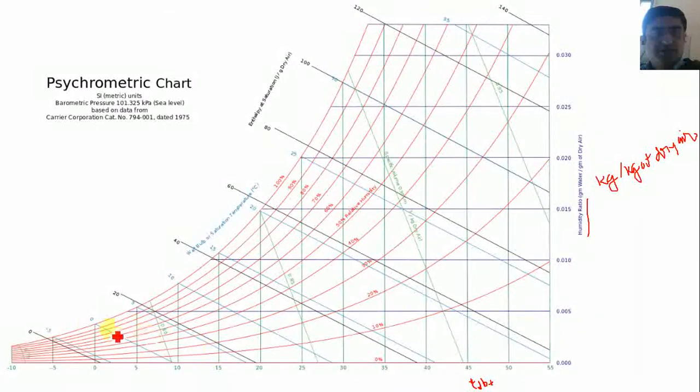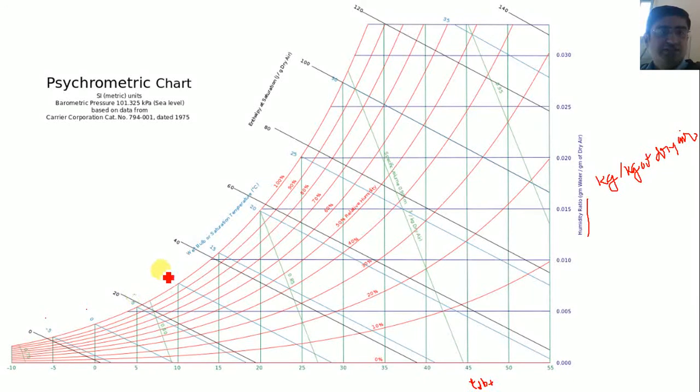And here you can see the values of wet bulb temperature, which is indicated by these inclined lines. Here is the wet bulb temperature. Here the value is, say, -5 degree. Here the value of wet bulb temperature is 0 degree.